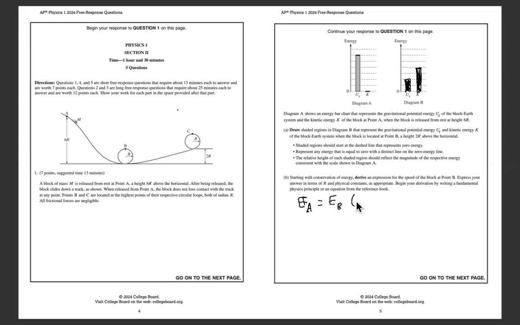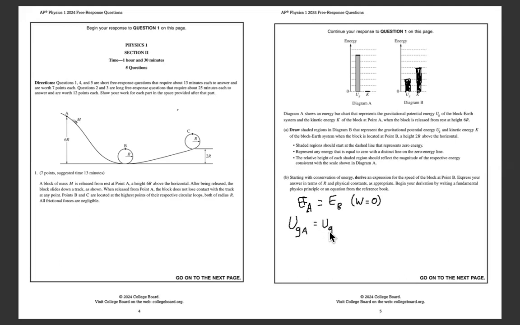In other words, work done is going to be equal to 0. I don't really know what it means by the reference book, but this is just saying conservation of total energy here. So the gravitational potential energy at point A will have to equal the energy at point B.